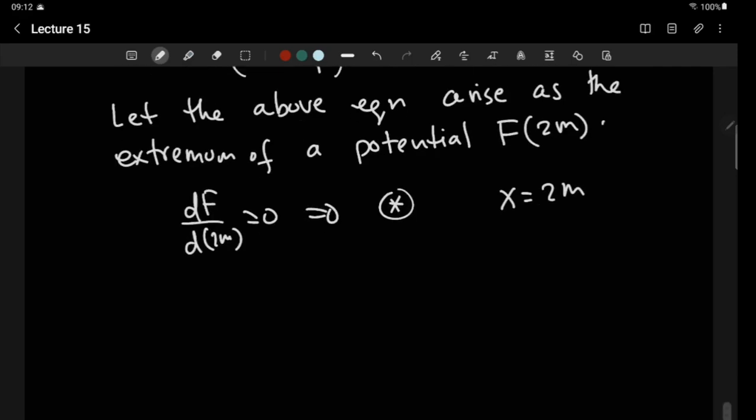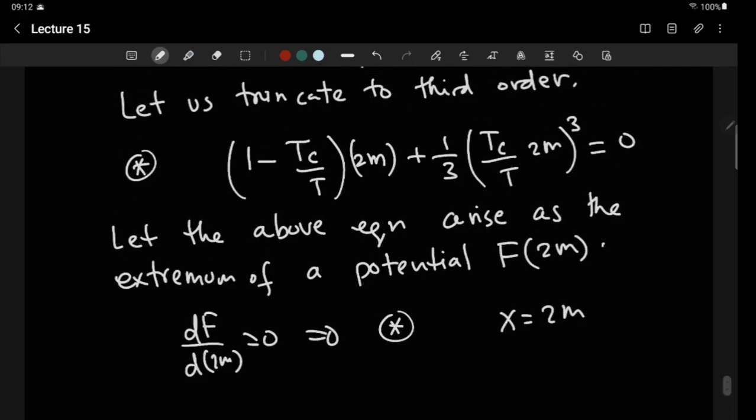Let's do some multiplications so that this term becomes x cubed.